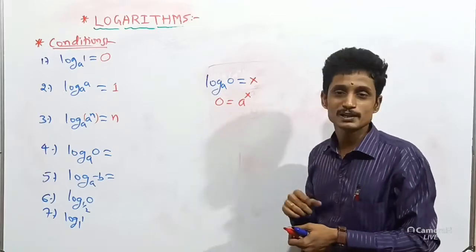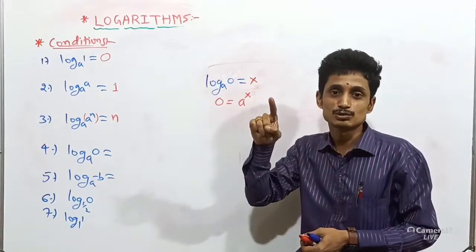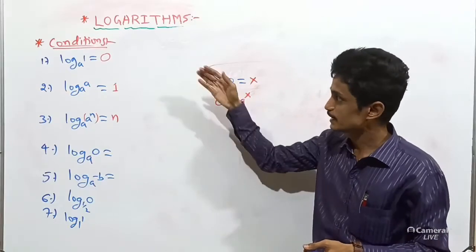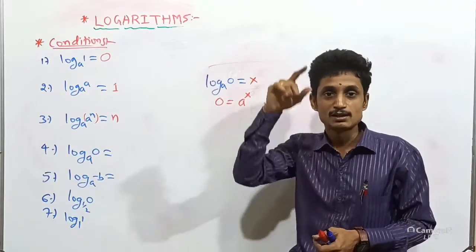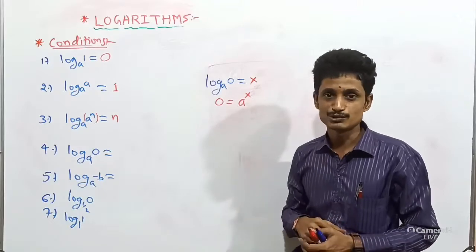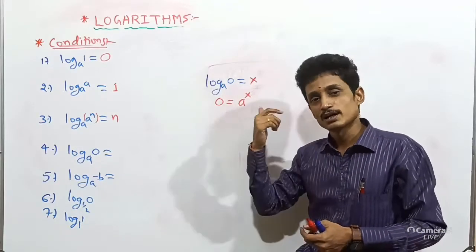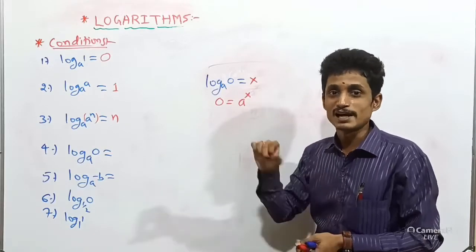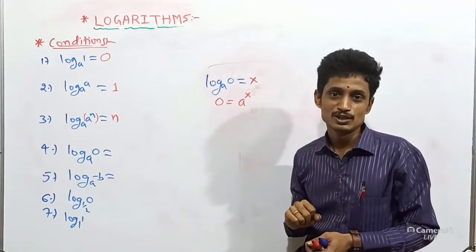But whatever number we operate on, we will never get a 0, because we always get a positive quantity. At the beginning itself I took so many examples: 2 power 2, once again a positive; 2 power minus 2, again a positive; 2 power 0, then 1, positive. I did not get any output as a 0.